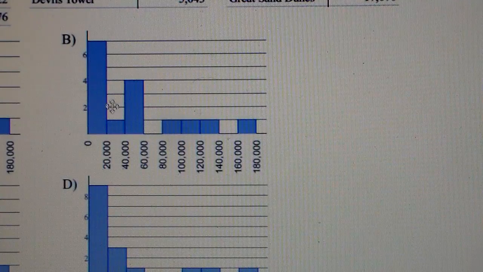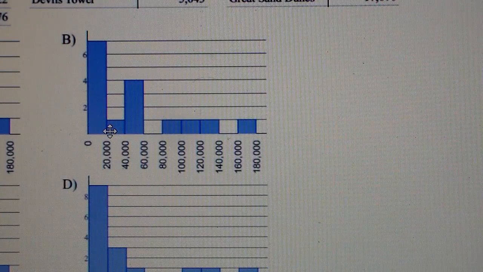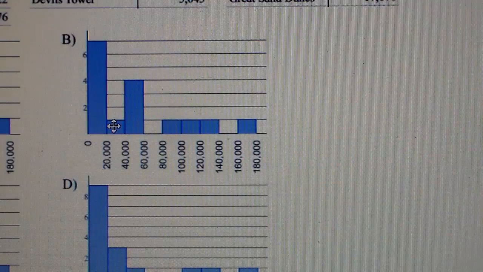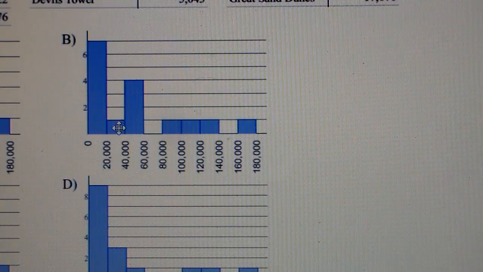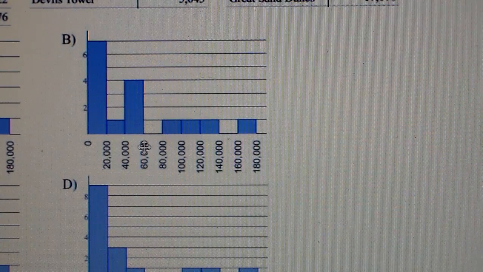All the numbers between 20,001 and 40,000 get accounted for in this little bar. Turns out there's only one of them in this set of tables up top.